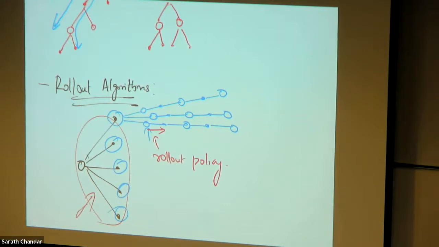Instead, I'm doing this extra computation, with the hope that the return I get is strictly greater than the return I would achieve with my current best known policy. So in some sense, you're doing policy improvement by doing rollout. Is that clear?